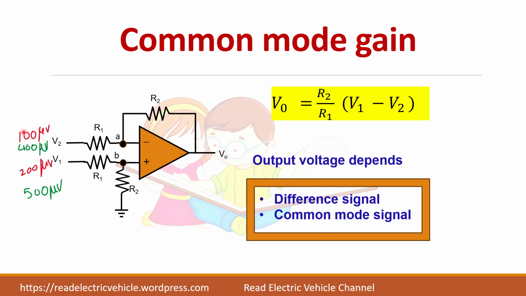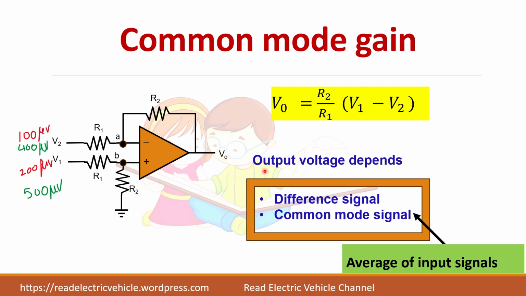Suppose this 100 plus 200, let us take the average of these two values. 100 plus 200 is 300, divided by 2 is 150. So 150 is the average input in the first case, whereas 450 is the average input in the second case.